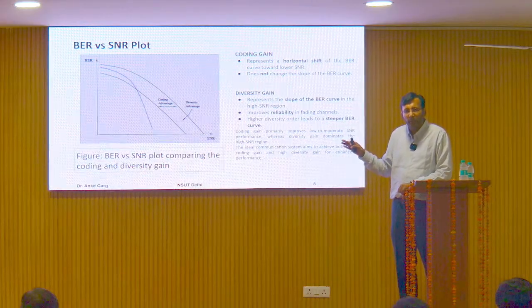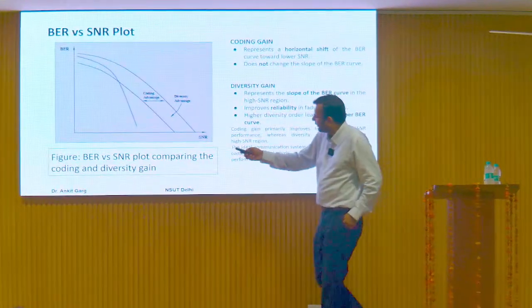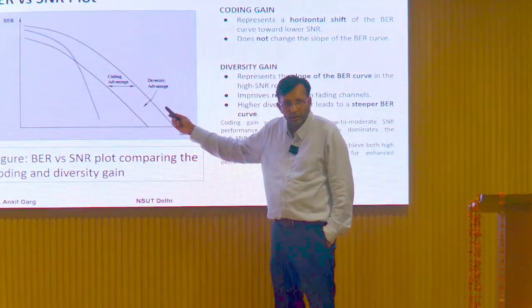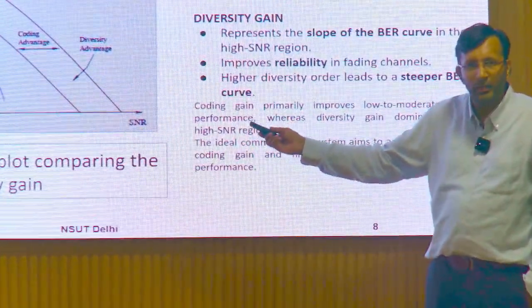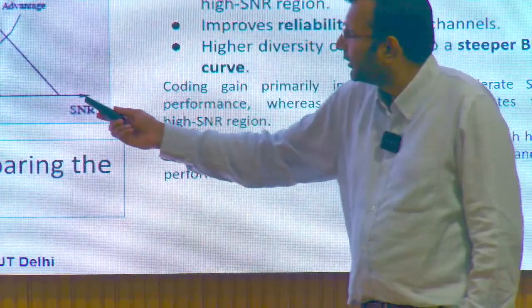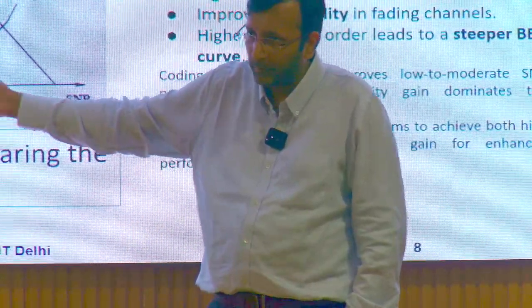And this slope represents the diversity gain, right? These two curves having the same diversity order, we can say, let's say 2, follow the same slope. However, this having a different slope, which is a greater slope, so this may have a diversity order 4, right?